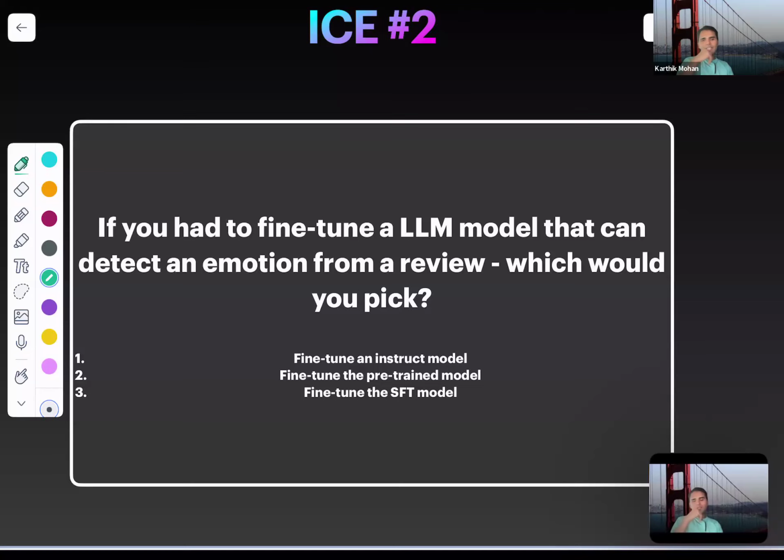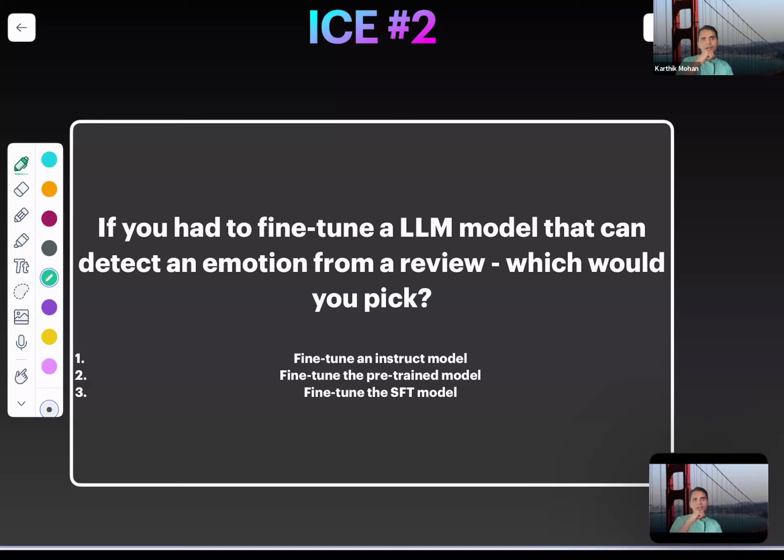Funnily, you can instruction fine-tune an instruct model, or you can instruction fine-tune a supervised fine-tuned model as well. Or you can supervised fine-tune an instruct model, or supervised fine-tune a supervised fine-tuned model. So you have different combinations for your fine-tuning.